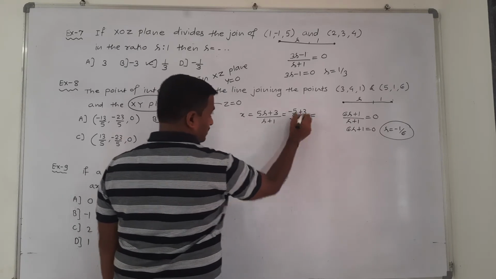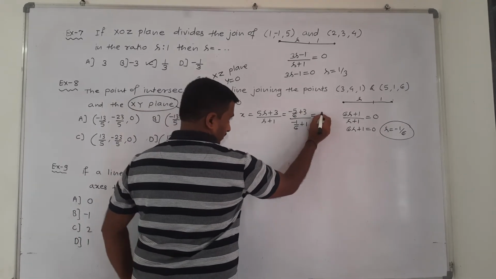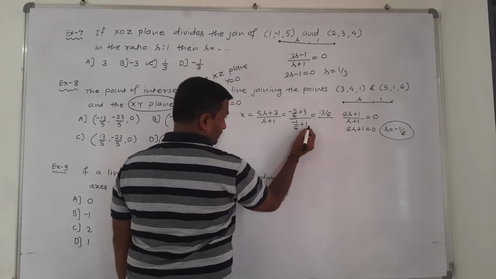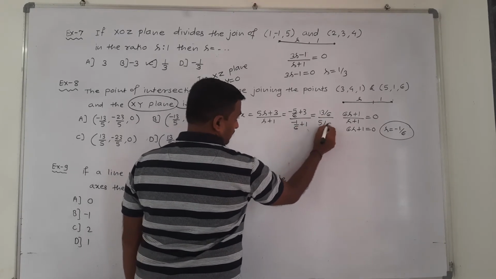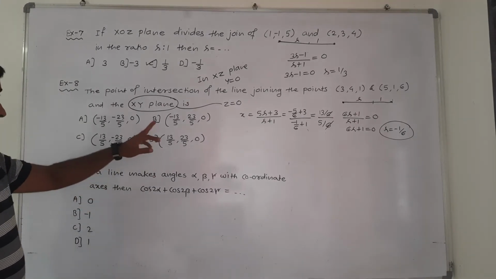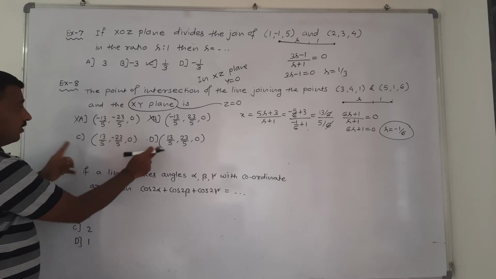This is cross multiply. 6 3s are 18, 18 minus 5 it is 13 by 6. Then 6 minus 1 it is 5 by 6. 6 cancel, it is 13 by 5. That is the x coordinate, 13 by 5. C or D.